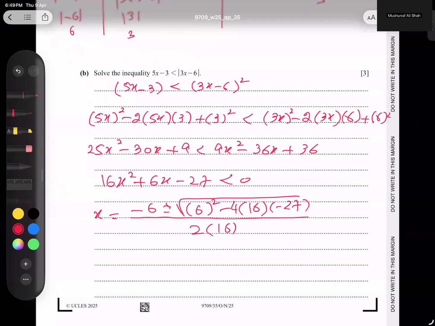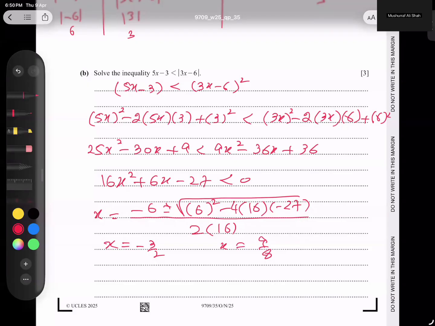Now I can use my calculator, and you can also use it to get the answers. The first value is 16, the second is 6, and the third value is negative 27. My first answer turns out to be negative 3 over 2, and the second answer turns out to be 9 over 8.